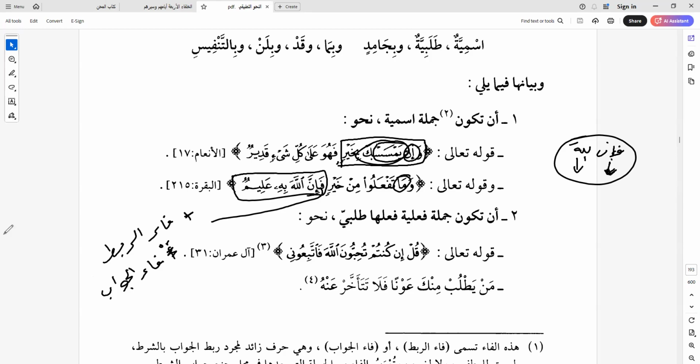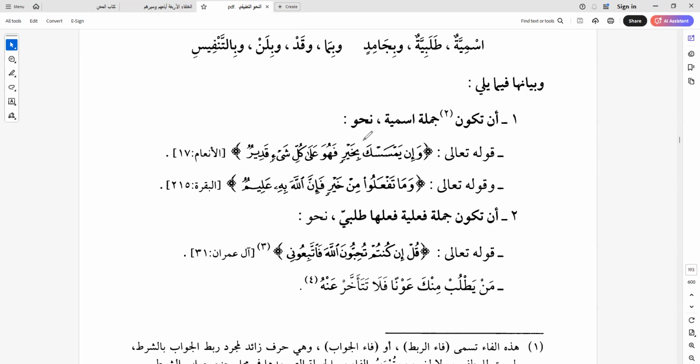So you can see that anytime the jumlatul jawab is jumlatul ismiyya, then we have to pair, or couple, or associate the beginning of it with fa.